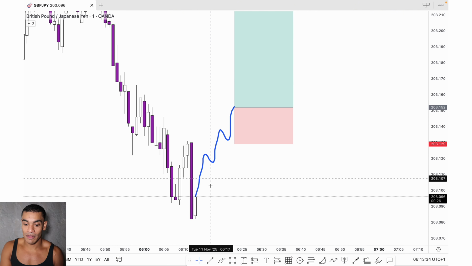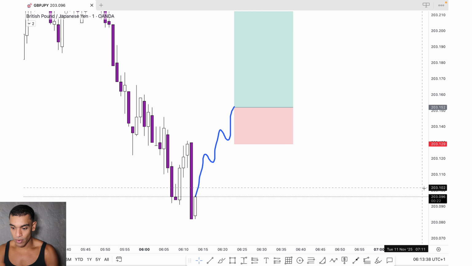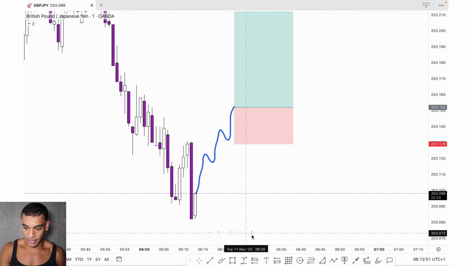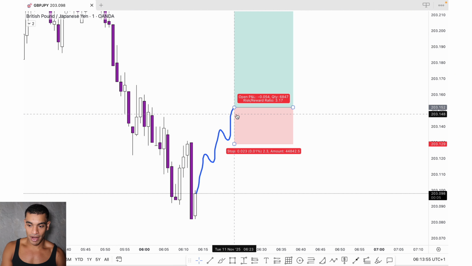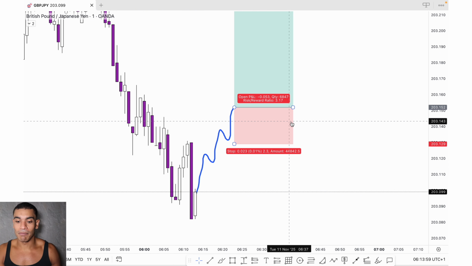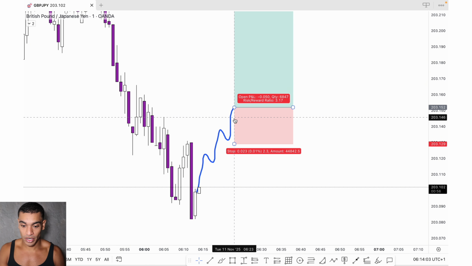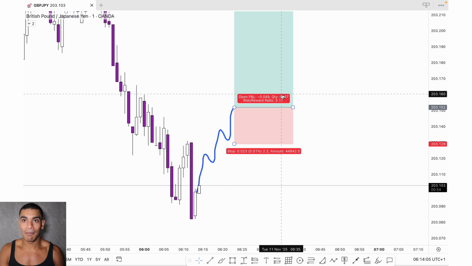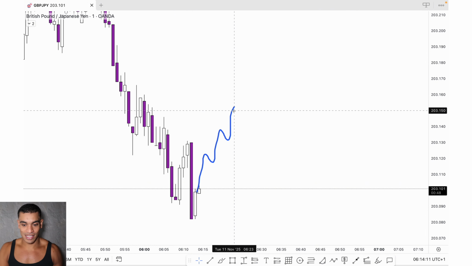It means that if price goes higher than what it is right now, for example, right now we are at 203.098, I want to tell my broker that if price reaches 203.152, to place a buy entry, so that the buy entry order will get triggered, and if price goes up, I will make money, and if it goes down, I will lose money. Not really, it doesn't really make sense to be honest, but that is essentially the type of order.